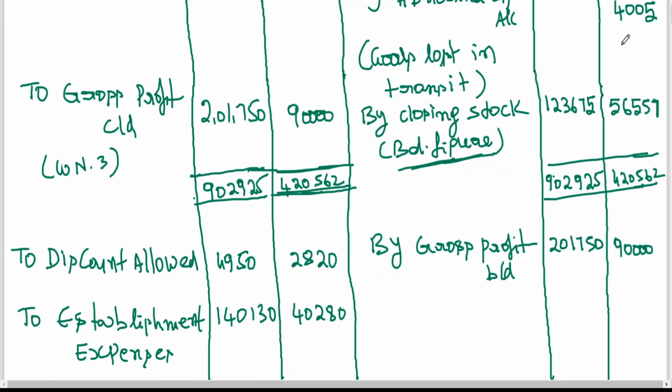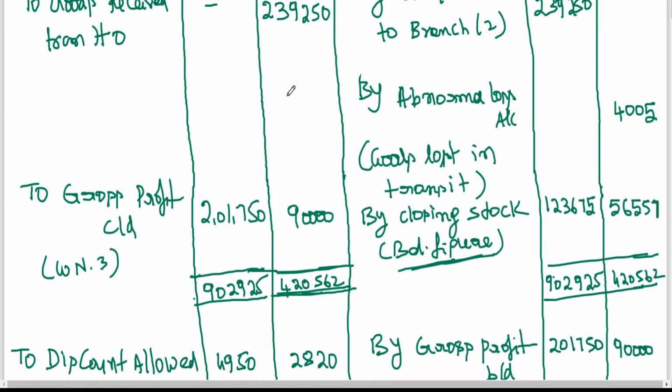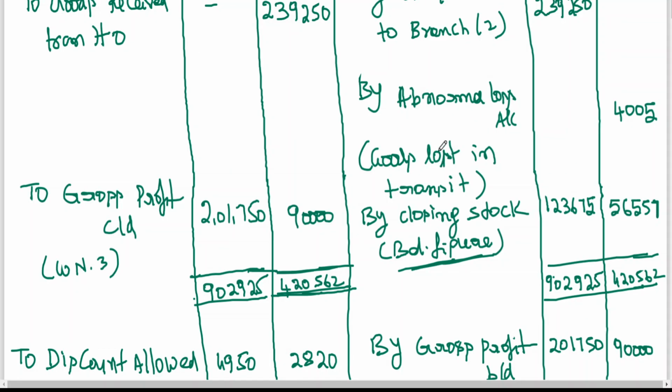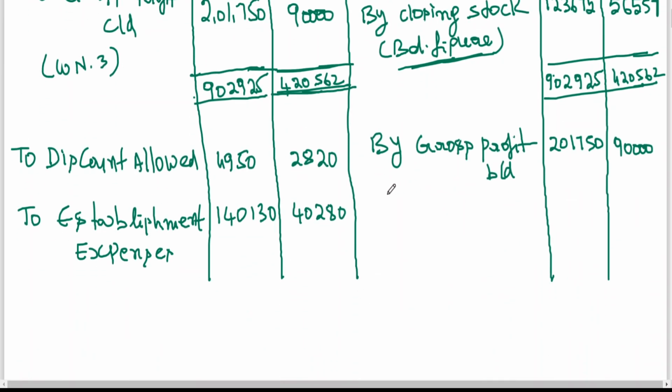Now we got abnormal loss, 4,005. There is no mention about abnormal loss, whether an insurance policy has been taken. Cost of goods lost in transit, no information of insurance policy. Then we shall assume that the entire amount is a loss, as we saw in the last class also.